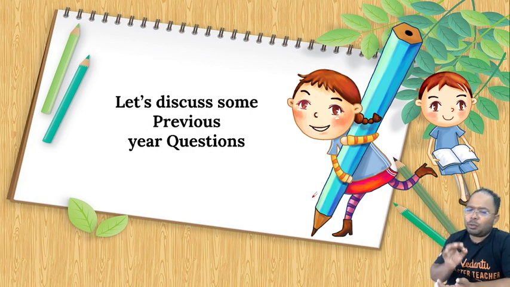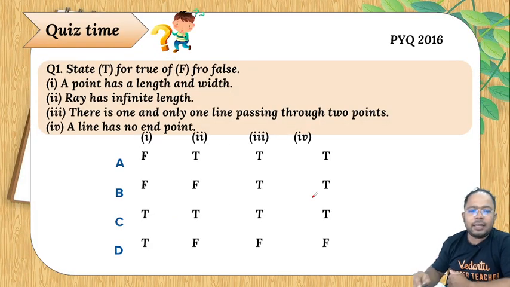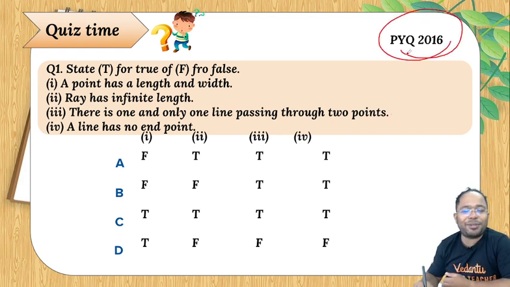Okay, so let's do some questions of previous years. First is straight true or false. This is related to your geometry, and let's check your geometry concepts also. This is a previous year question of 2016.